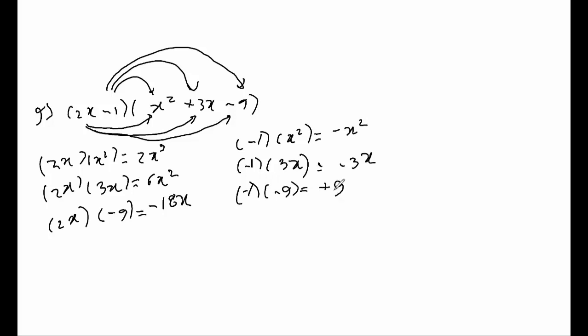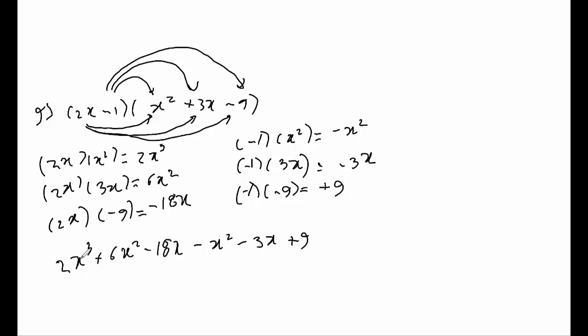Now I'll just take all those terms and put together the common terms. So we have 2x cubed plus 6x squared minus 18x minus x squared minus 3x plus 9.